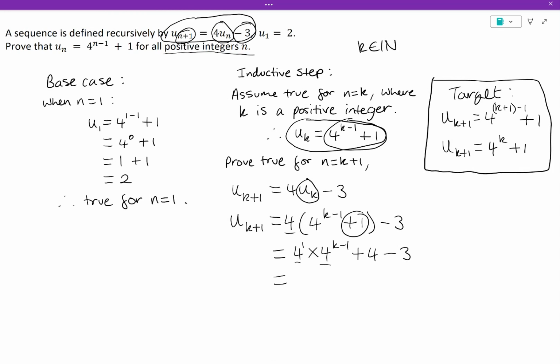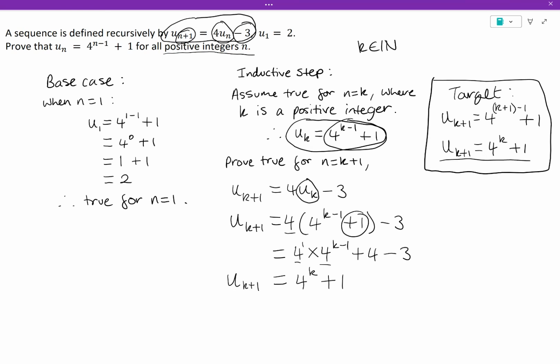The power of 4 here is 1, the power of 4 here is k minus 1. If we add them together, we're just going to get 4 to the power of k, which I like the look of because that's in my target statement. And then we've got positive 4, subtract 3, so that is going to become positive 1. And as you can see, if I just carry down the u_{k+1}, we've now got the bottom line of my target statement.